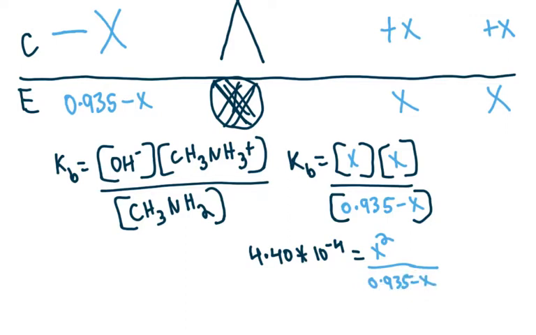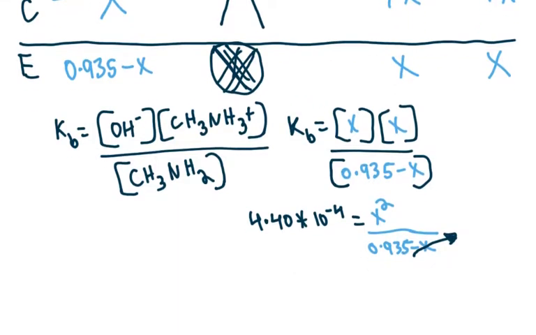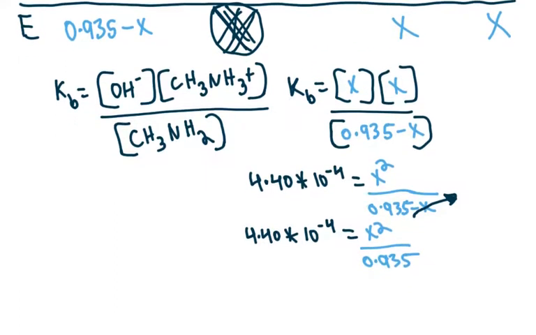So in that way, we can get rid of this x and say that 4.4 times 10 to the negative fourth is equal to x squared over 0.935. And now we just solve for x. So let's go over here and continue, all right?